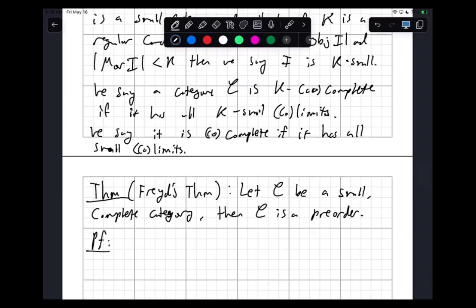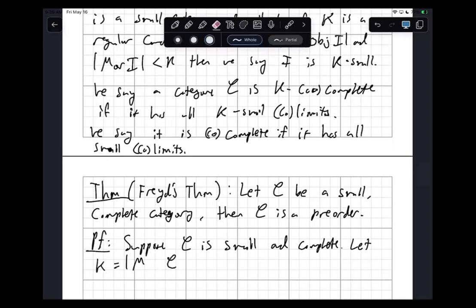So let's prove that. So suppose C, and this is my one proof of the day. So suppose C is small and complete. Let kappa be the cardinality of the set of morphisms of C. Suppose C is not a preorder.